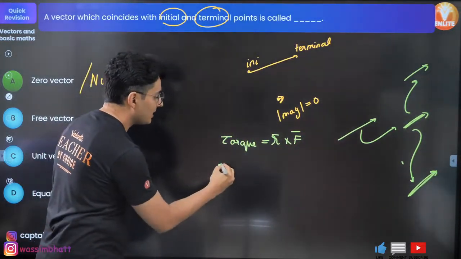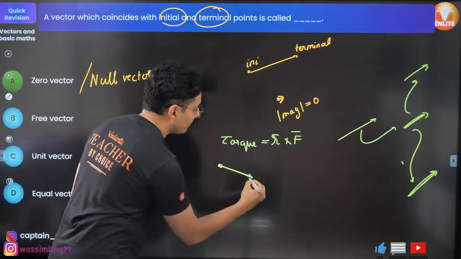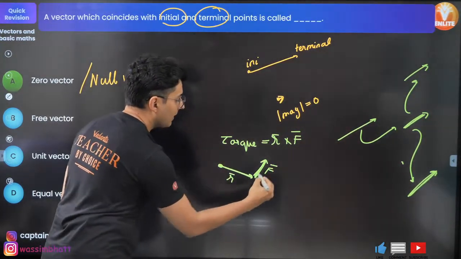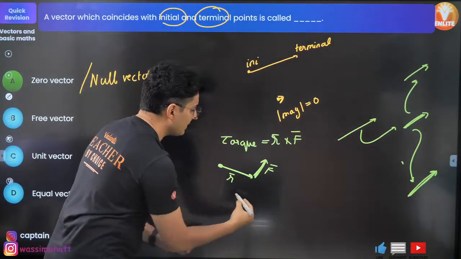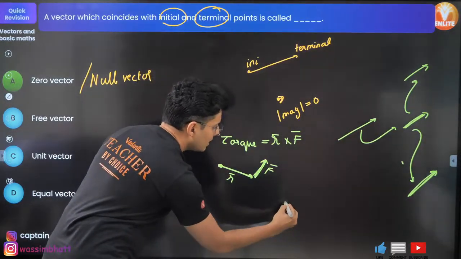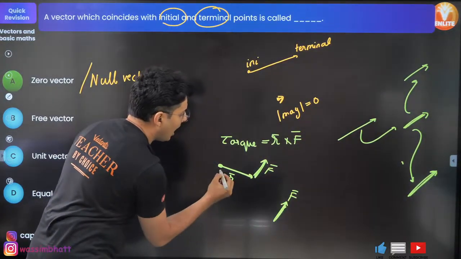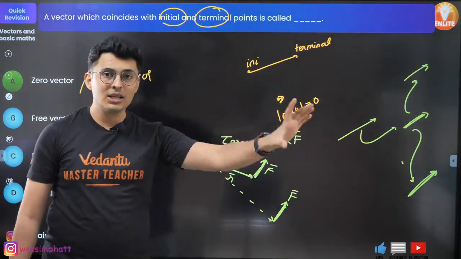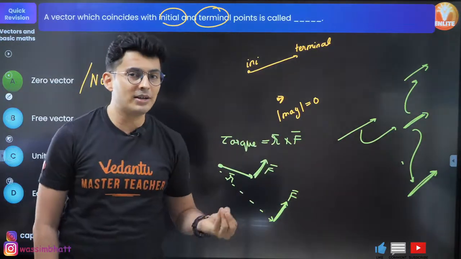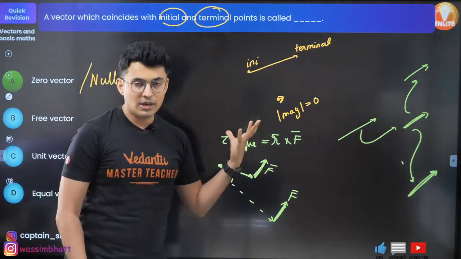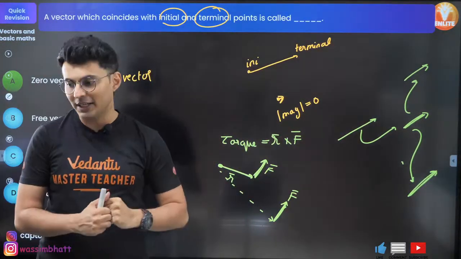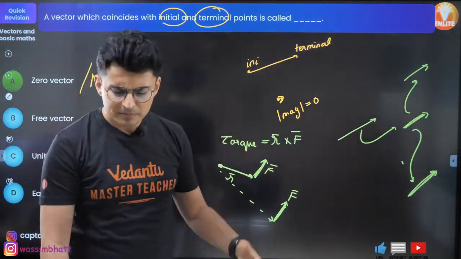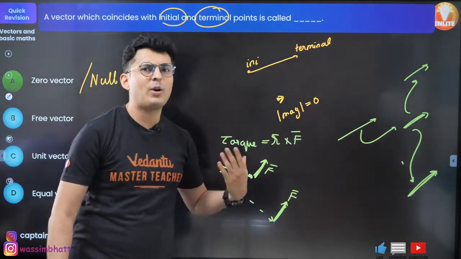So if you are measuring the torque here and the force is here, then this is your R. But if you slide the force somewhere else, even parallel, then remember the R will be different. So if you slide the force, you will get a completely different value of the torque. So you cannot slide it freely. Is that clear, bacha? Many of you had that doubt: when can I slide a vector, and when can I not?